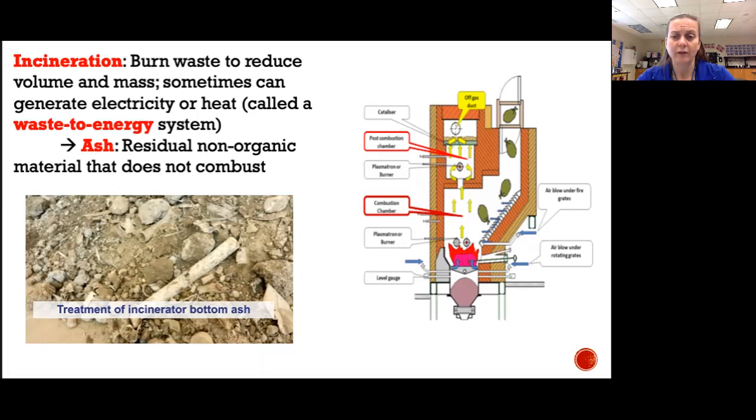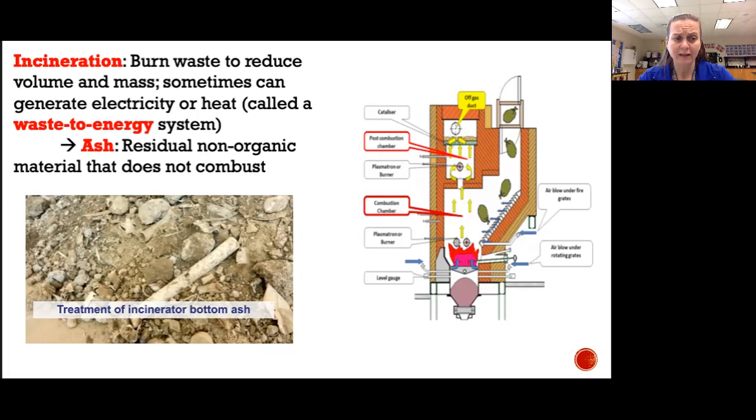There are several benefits of incineration. One is that you're generating electricity. Another is that although there is some ash left over, that residual material that does not burn, it is significantly less in volume. And so it requires less space in a landfill.